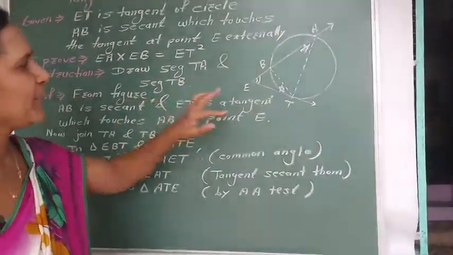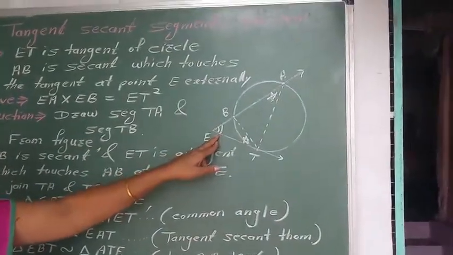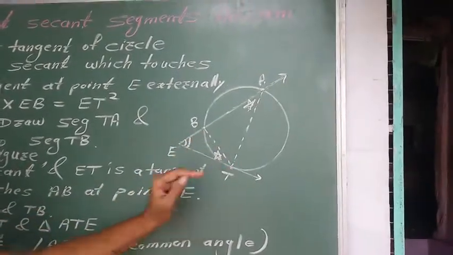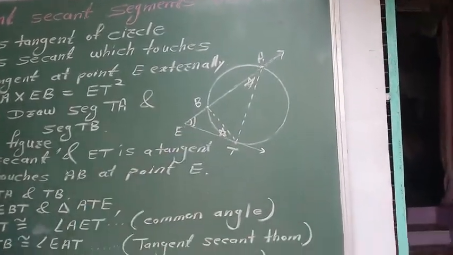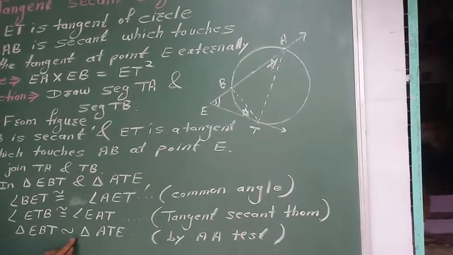Here we see that angle E is congruent to angle E. It means we write EBT is similar to ATE.